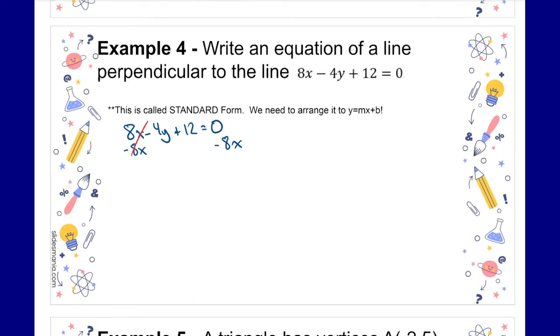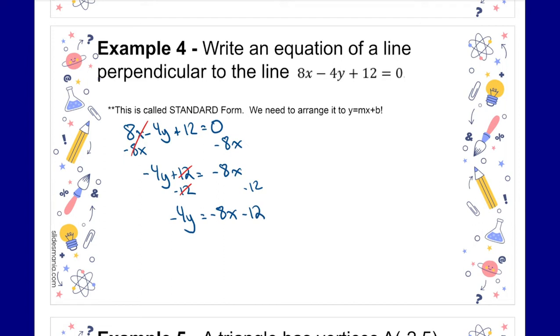I'm going to subtract 8x from the other side. And again, by other side, I mean other side of the equal sign. I'm going to do the same thing with 12. I'm going to subtract 12 from one side, subtract 12 from the other side of the equal sign. I'm left with negative 4y equals negative 8x minus 12.